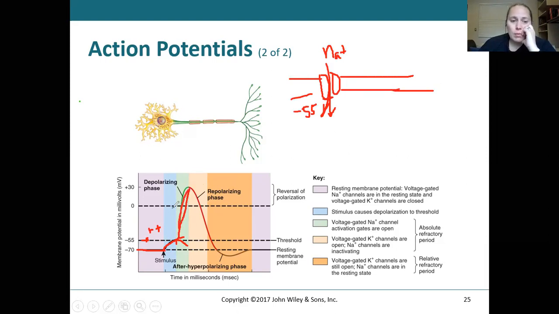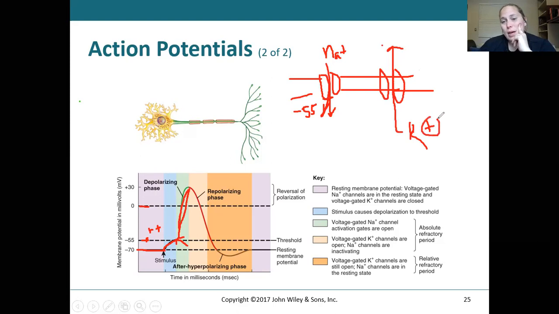Now, somewhere around here, at the reversal of polarization, you have another type of voltage gated channel that opens up. And this is going to be the voltage gated potassium channel. This potassium channel says, hey, it's getting way too positive in here. We need to kick some folks out. So at that point, potassium is going to exit the cell.